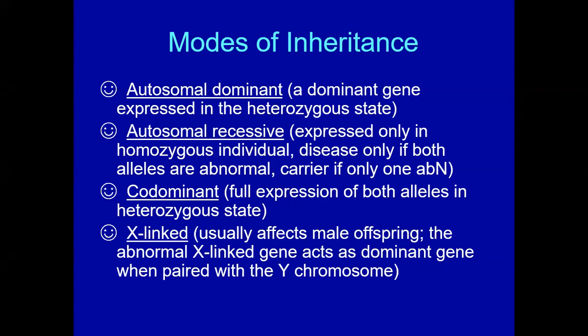If both alleles are abnormal, the disease occurs, and individuals with one abnormal allele become carriers. In autosomal recessive disorders, 25% are affected, 25% are carriers, and 50% are normal. In autosomal dominant disorders, 50% are affected and 50% are normal.